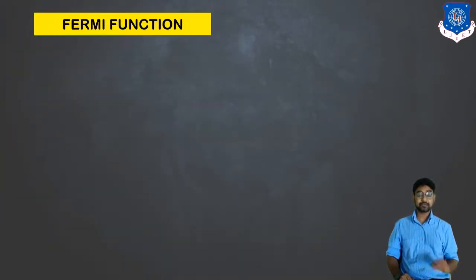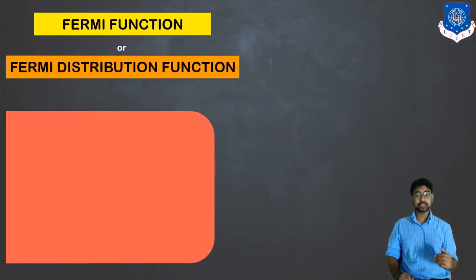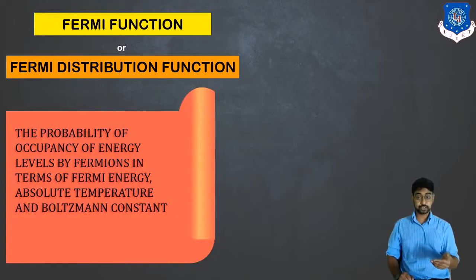Now when we consider the Fermi function, it can also be called the Fermi distribution function, and it is all about probability. The probability of occupancy of energy levels by fermions, in terms of Fermi energy, temperature and the Boltzmann constant, is known as the Fermi function.